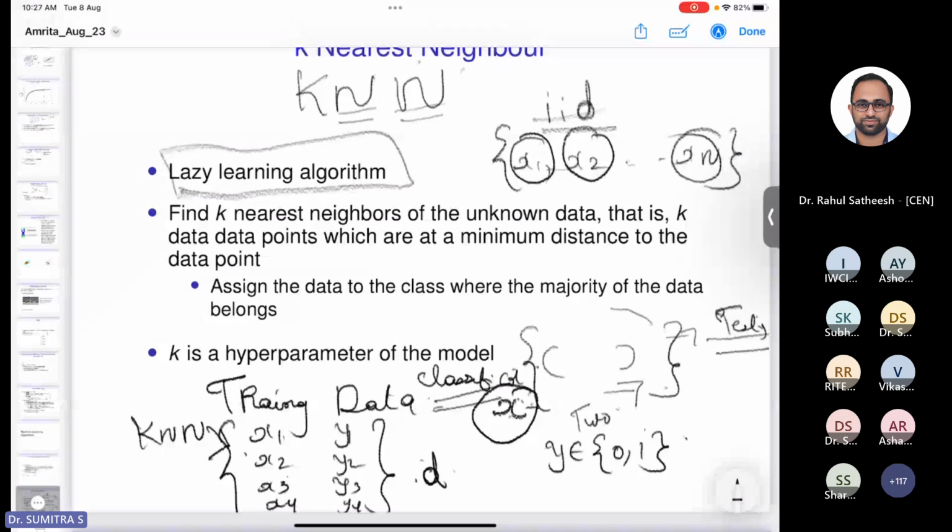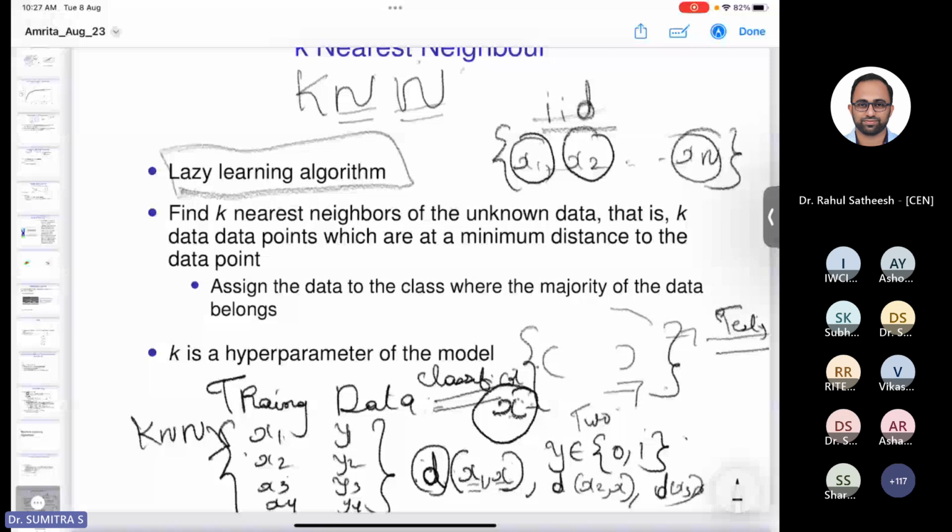It finds how close each of these points is to the given point. I'll find the distance between x1 and x, then x2 and x, then x3 and x, then x4 and x.